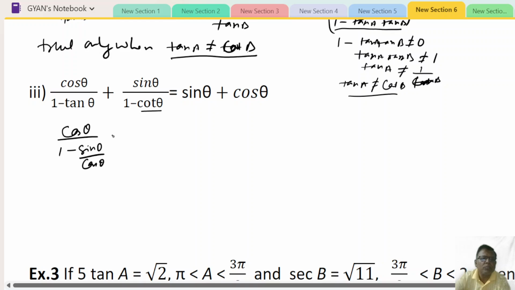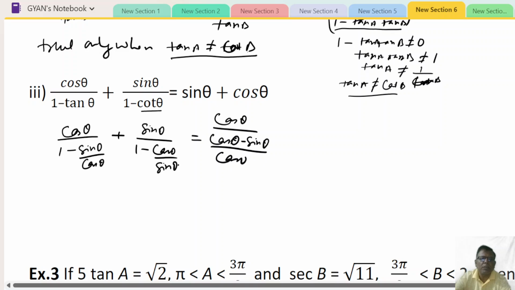Here also plus sin theta by 1 minus cos theta by sin theta. Then further solve: cos theta by cos theta minus sin theta divided by cos theta.